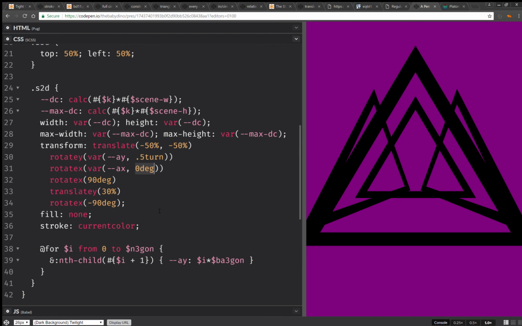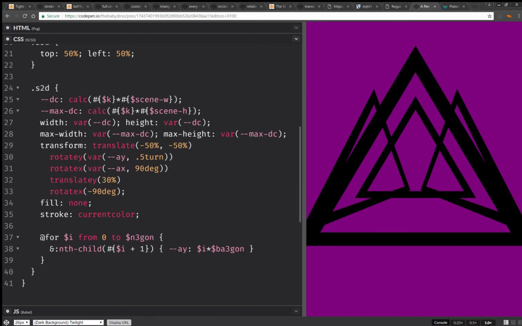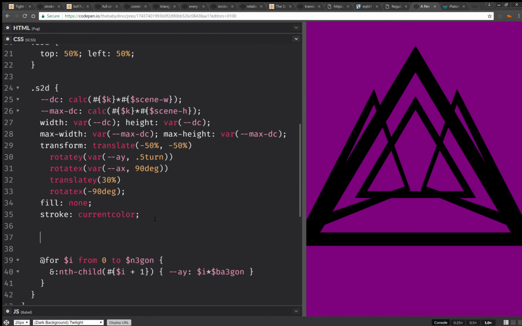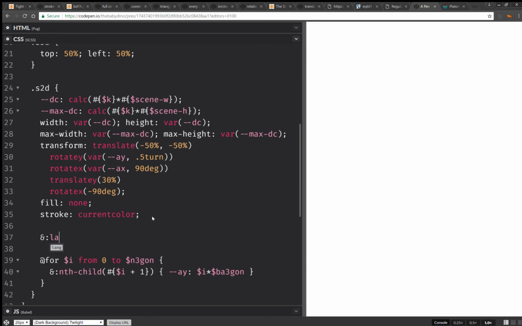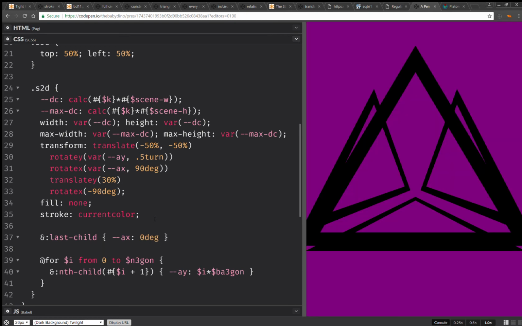Now, one thing we should note here is that we have rotate x, rotate x. We can combine these two and do something like this. And for the base face, last child, we're going to want that ax to be 0 degrees because we don't have that first ax rotation.